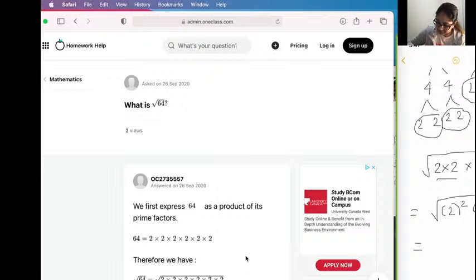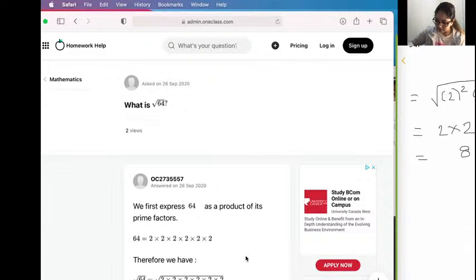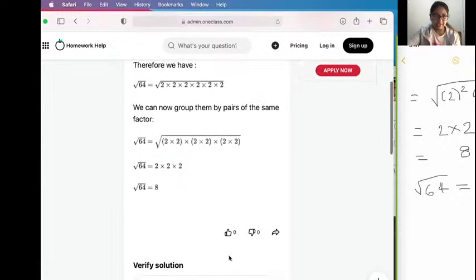Then we have 2 times 2 times 2, which is equal to 8. So square root of 64 equals 8, and this is the answer.